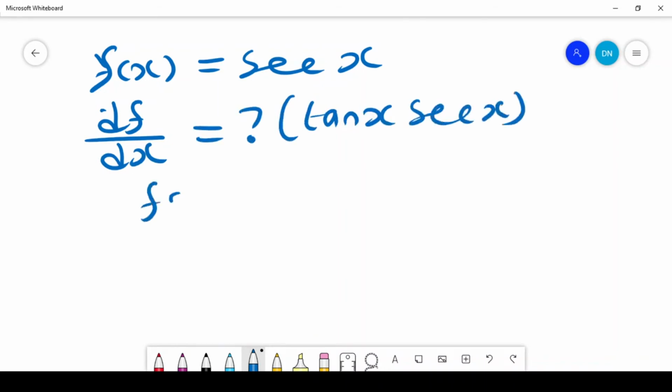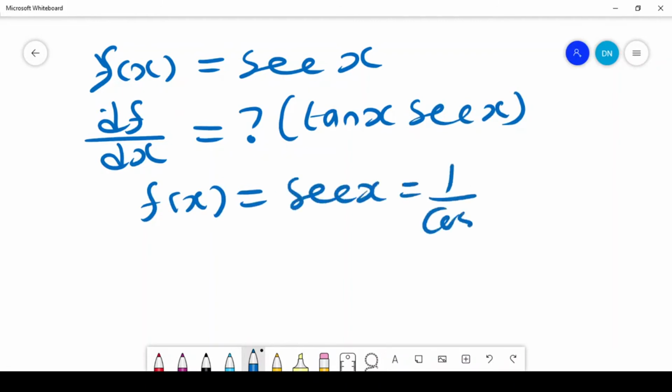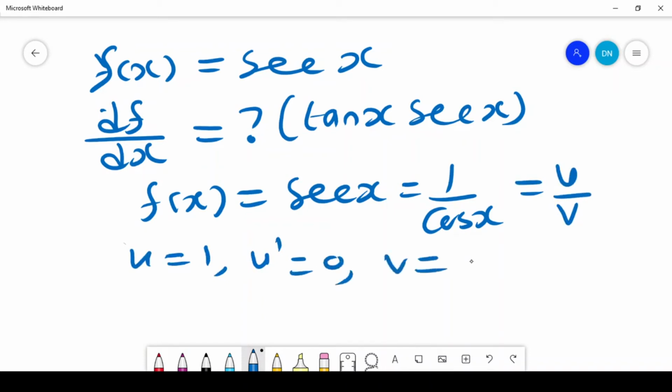Remember, your f of x, if I'm differentiating, I can write this as 1 over cos x, and I'm going to use the quotient rule. My u is 1, my u prime is equal to 0, my v is equal to cos x, and my v prime is equal to negative sine x.